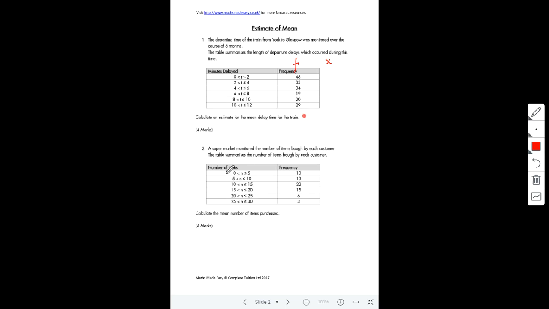So first calculate the midpoints. Okay. One by one, tell me the midpoints for every row. Here, midpoints are made of two values.